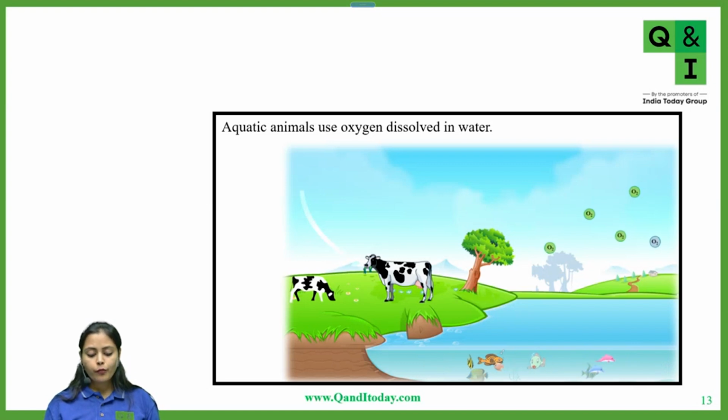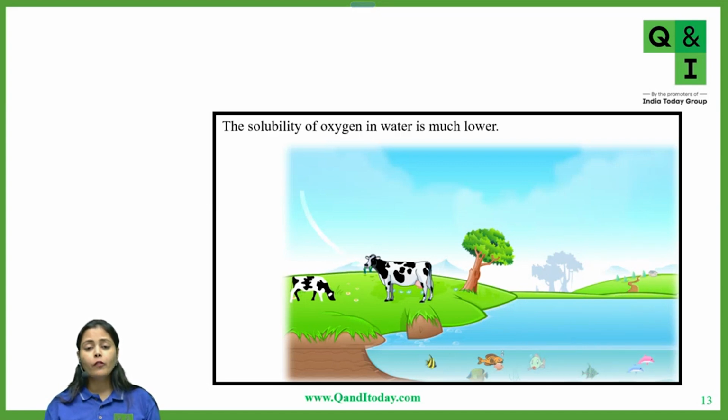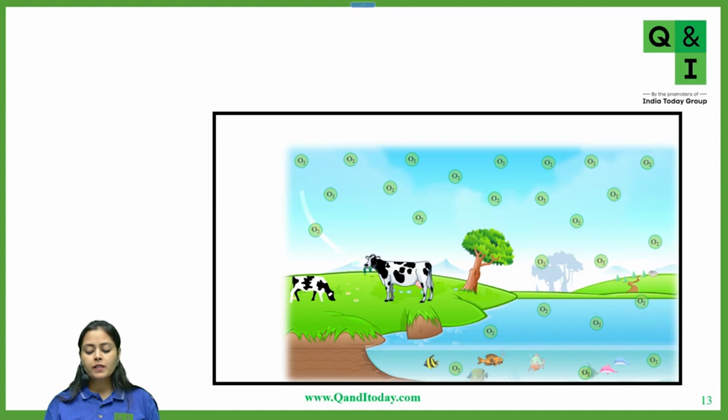Some amount of oxygen is dissolved in water. The solubility of oxygen in water is, however, much lower. That means the oxygen concentration in the water is much lower than the oxygen concentration in the air. Why? Because the solubility of oxygen in water is very low.